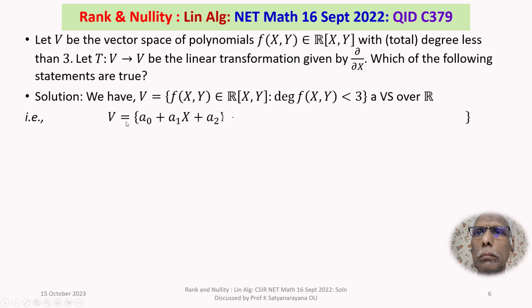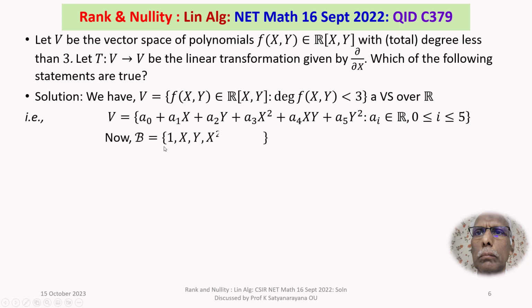That is, V is the set of all polynomials in two variables of the form a0 plus a1x plus a2y plus a3x square plus a4xy plus a5y square, where the total degree is less than 3. This is the typical polynomial of degree less than 3, where the coefficients ai are all real numbers for i equal to 0, 1, 2, 3 up to 5.